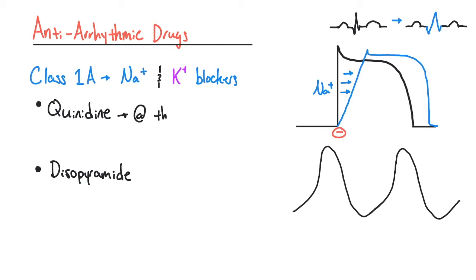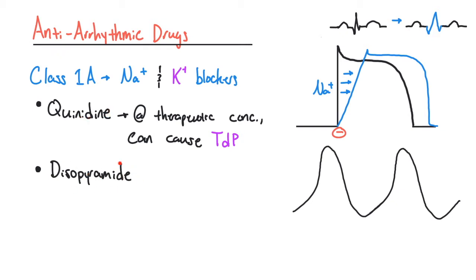So at therapeutic concentrations, it can cause what we talked about earlier, that proarrhythmia, torsades de pointes. Quinidine can also cause a cluster of symptoms called cinchonism, which is related to higher levels of quinidine in the bloodstream, but this can include things like tinnitus, decreased hearing, headache, nausea, vomiting, and visual disturbances.